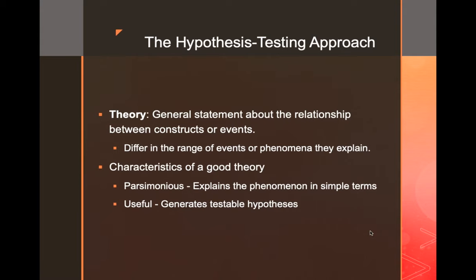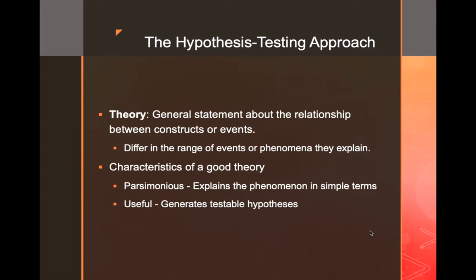A good theory is a good theory when it can explain whatever phenomenon you're trying to understand in simplistic terms. And it's also useful: it can generate testable hypotheses, right? So let's say your theory is that extroverted people are more friendly.